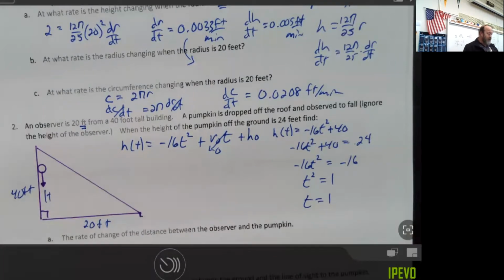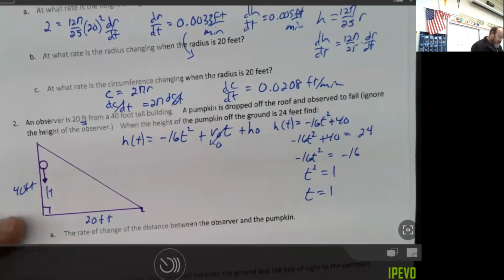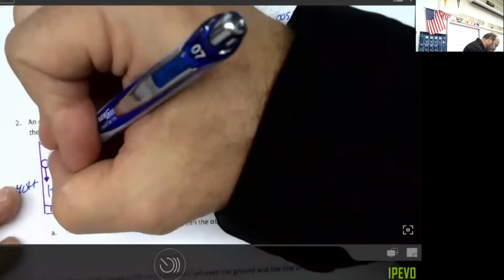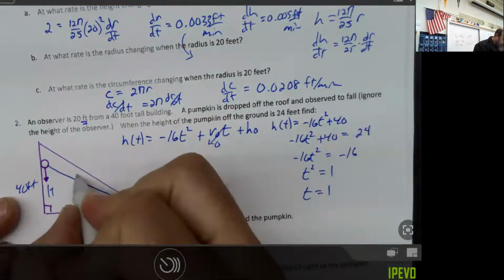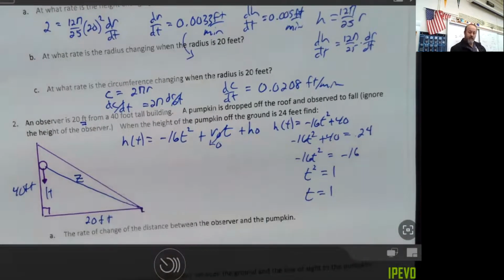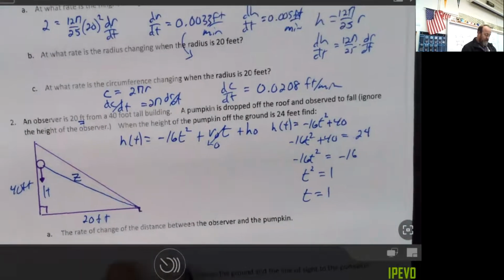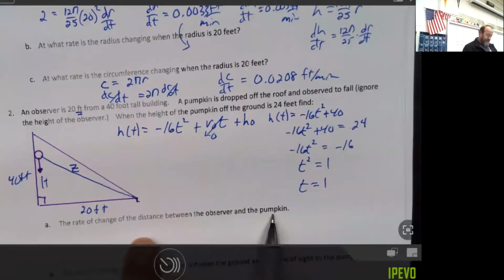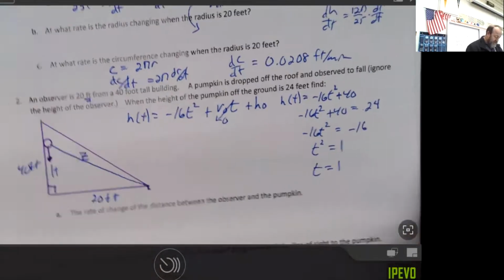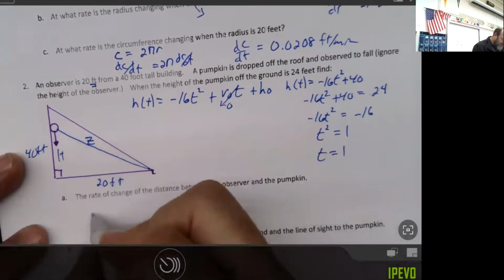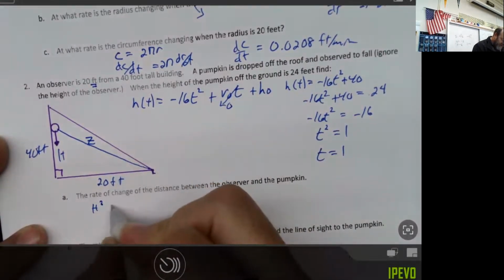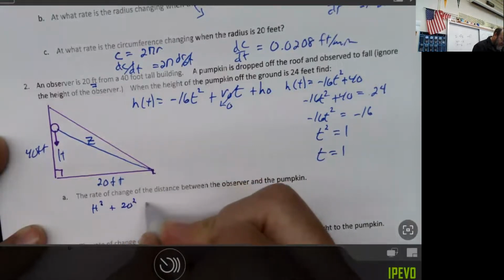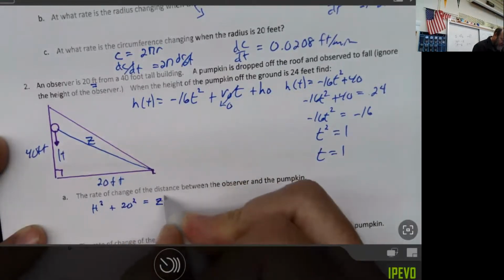Okay, so now what we're going to do is we're going to think about this pumpkin falling. This is h. I'm going to call this z, because that would be how far the observer is from the pumpkin. So I could set up a nice little story, which would be h squared plus 20 squared equals z squared.